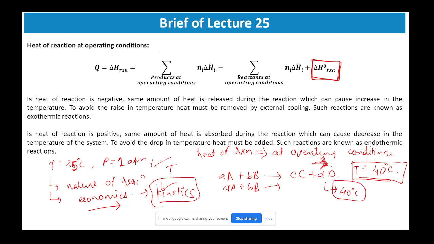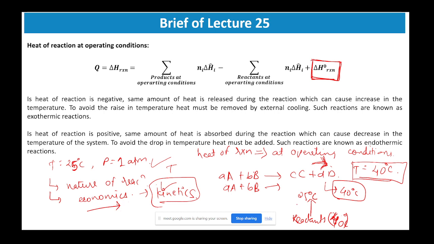So for that, you consider that you take the reactants from 40 degrees Celsius to 25 degrees Celsius.